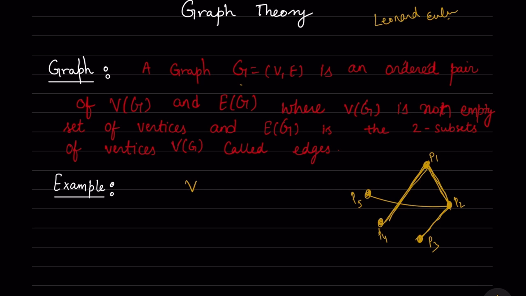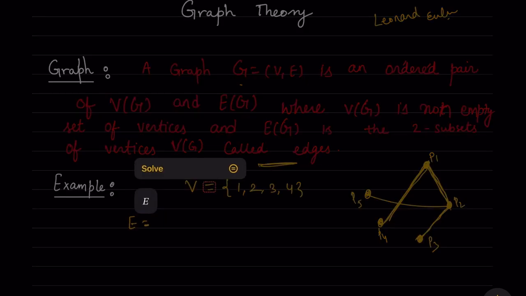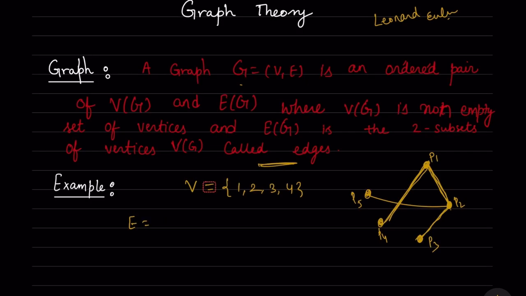Now, how can we represent this mathematically? Let us label the vertices 1, 2, 3, 4, 5. Now I will make a set E of two-element subsets: 1 2, 1 3, 1 5, 2 3.